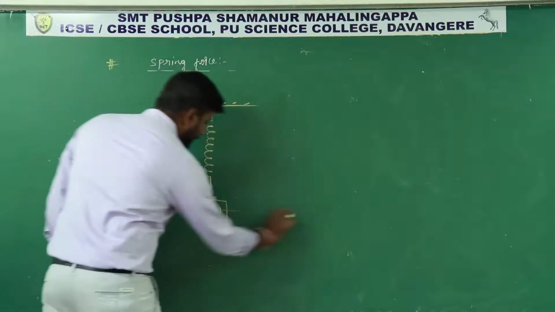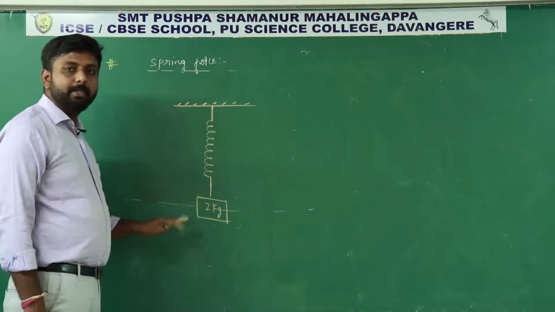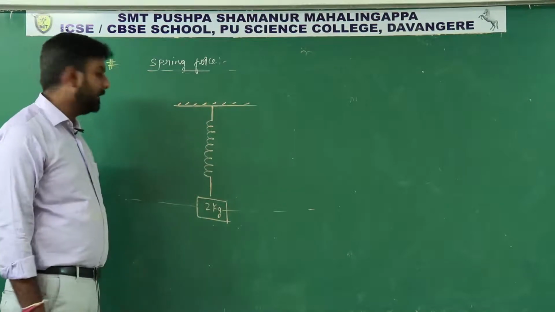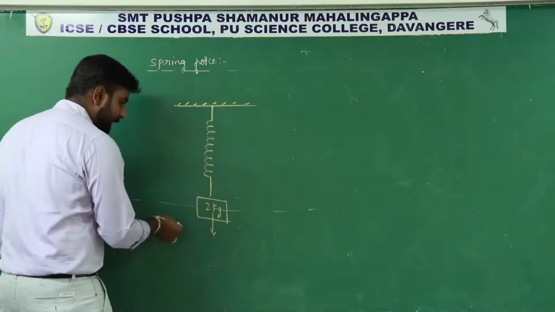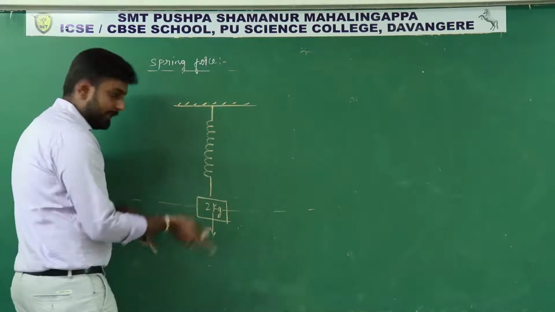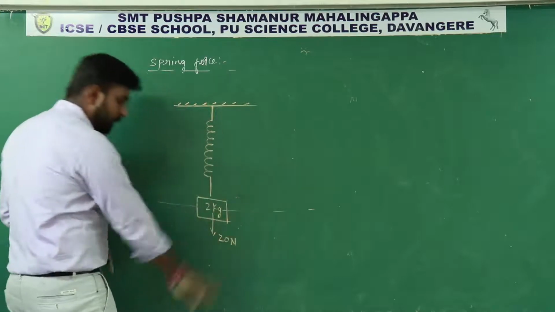Now it is in equilibrium. Right, there is no movement, it is in equilibrium. Then for the weight, let us take g value as 10. Weight means m into g, 2 into 10, that means 20 Newton force is acting in the downward direction.